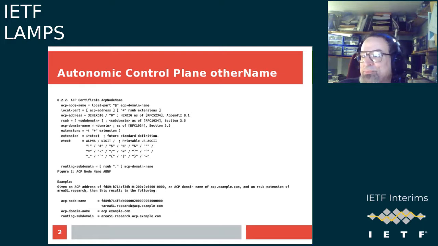So the big thing about the autonomic control plane is that after a great discussion, we have an other name that we use in our subject alt name, and it has some structure in it. Specifically, it happens to encode an IPv6, well, it's actually a prefix, not just an address, and provide some context in the form of a domain name, which is used in a couple places.